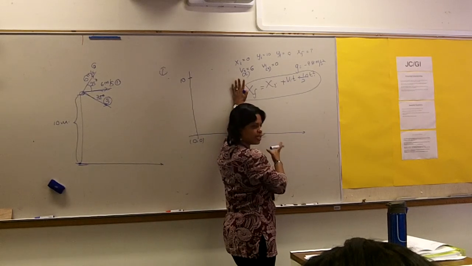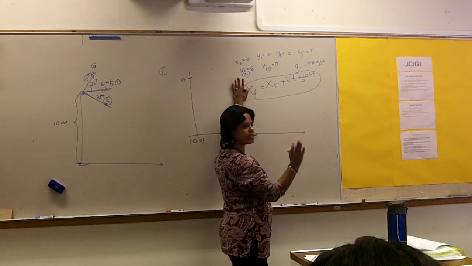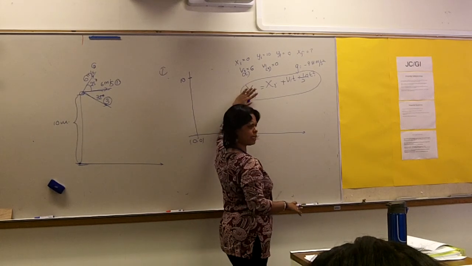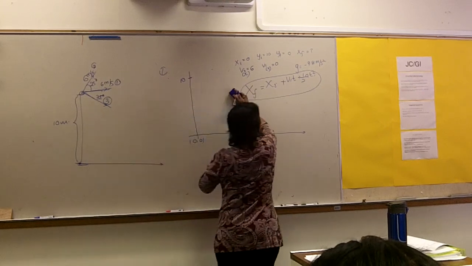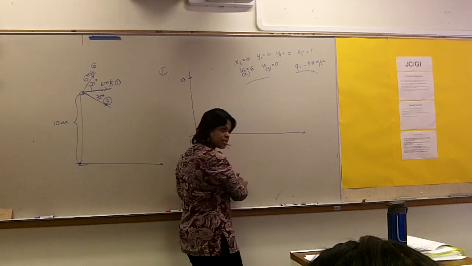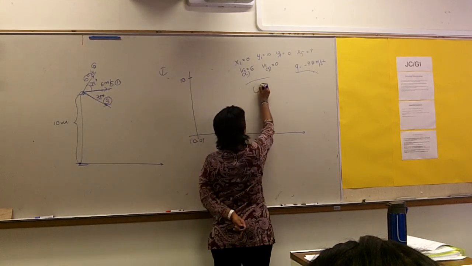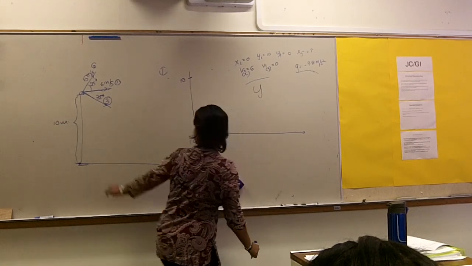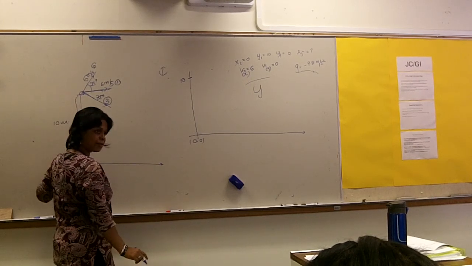I should not have used x that time, so we can easily break x and y. We are finding the distance and time relationship, but we will use the y direction because we have this height.